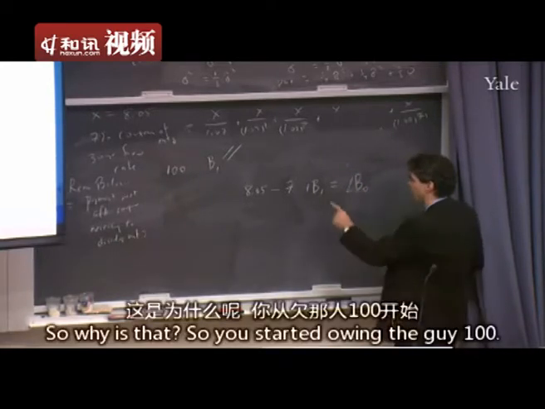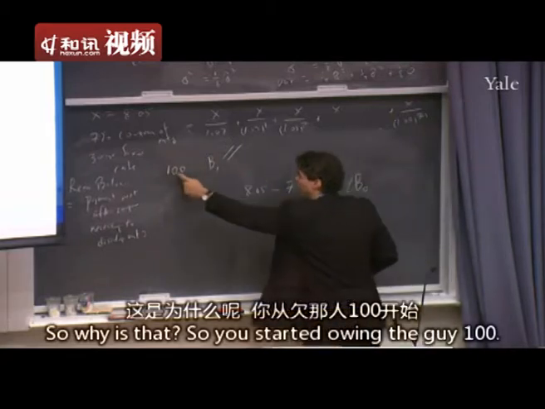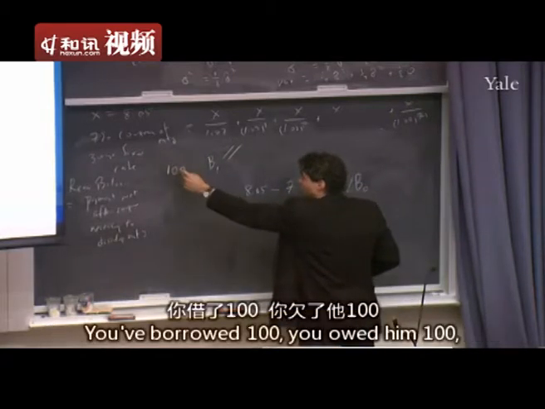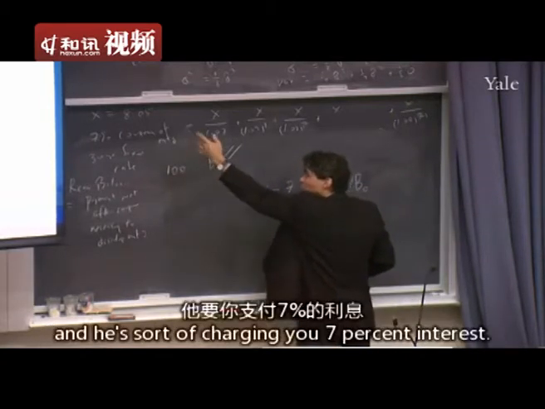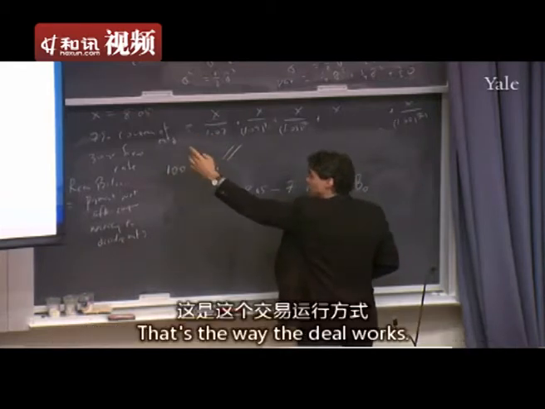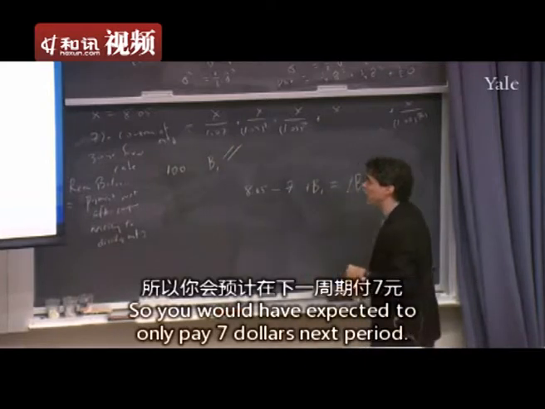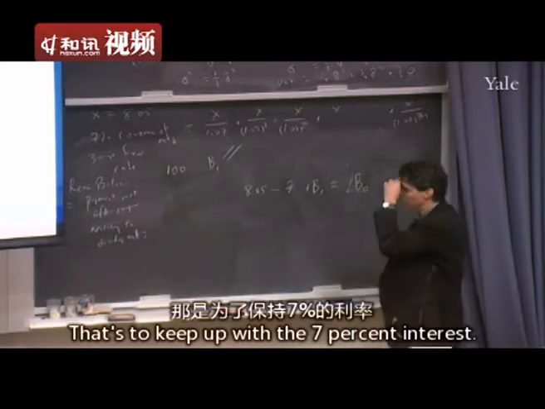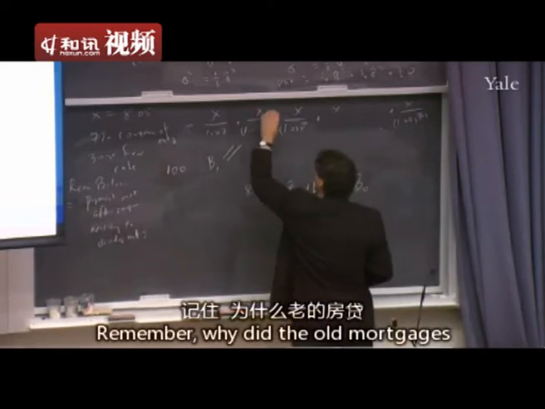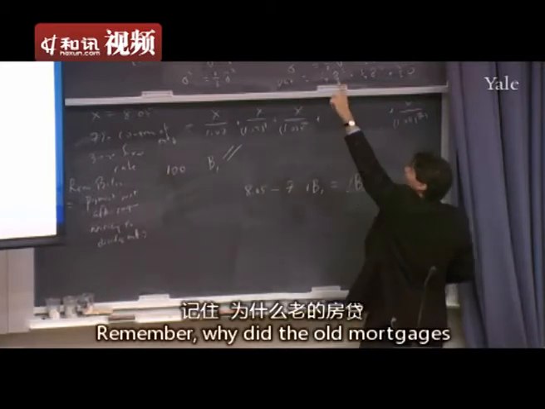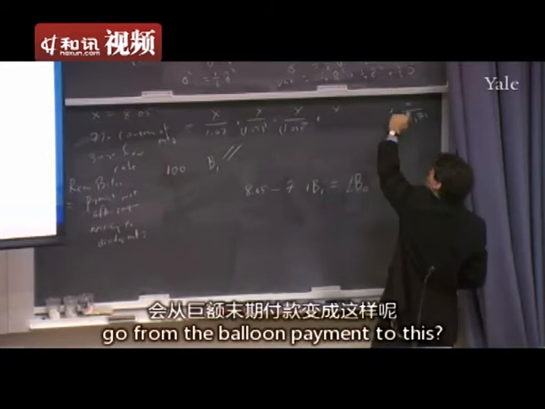So why is that? You started owing the guy 100. You've borrowed 100, you owe him 100, and he's charging you 7% interest. So you would have expected to only pay $7 next period, to keep up with the 7% interest. But remember, why did the old mortgages go from the balloon payment to this?